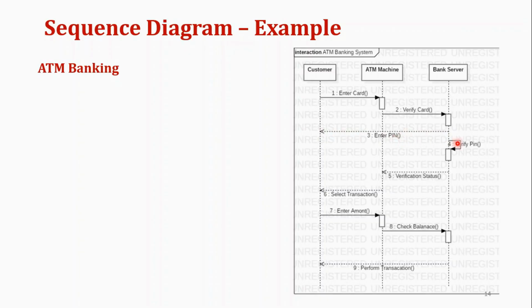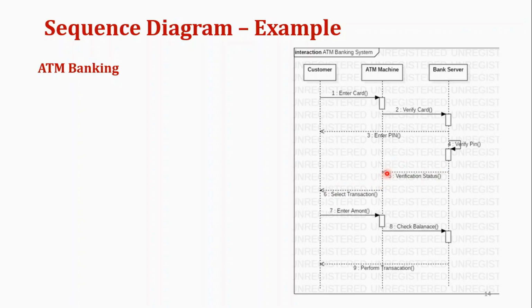Once the PIN is entered, it is verified with a local self message. If the verification is a success or failure, that will be notified to the ATM machine, and hence the user comes to know the status.